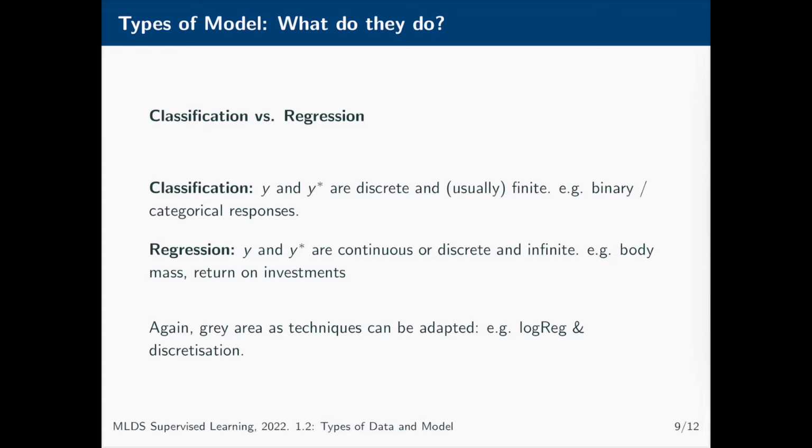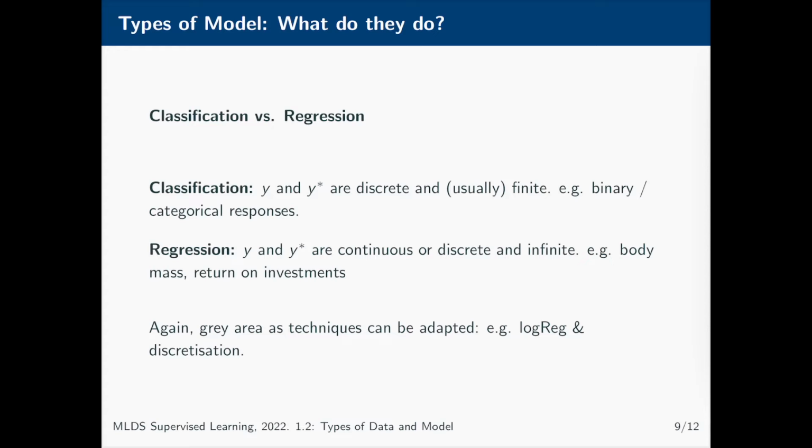Instead, you might classify a model by what it does, and the broad division here that is typically used in supervised learning are classification versus regression models. The distinction between these is generally that in a classification problem, the values that you're trying to predict are discrete and usually finite, for example, binary or categorical responses.